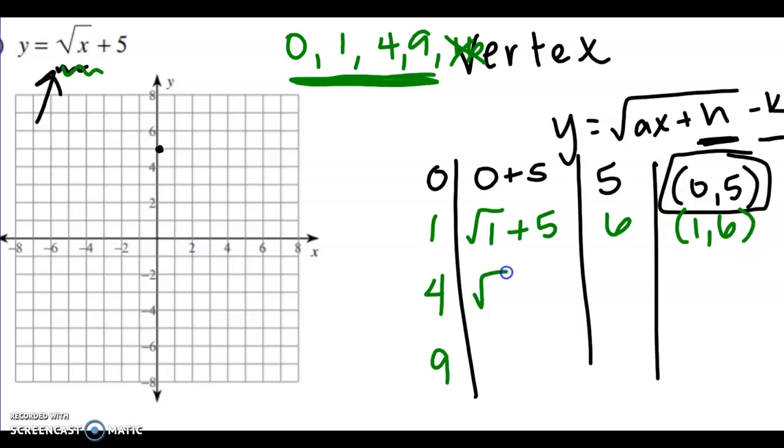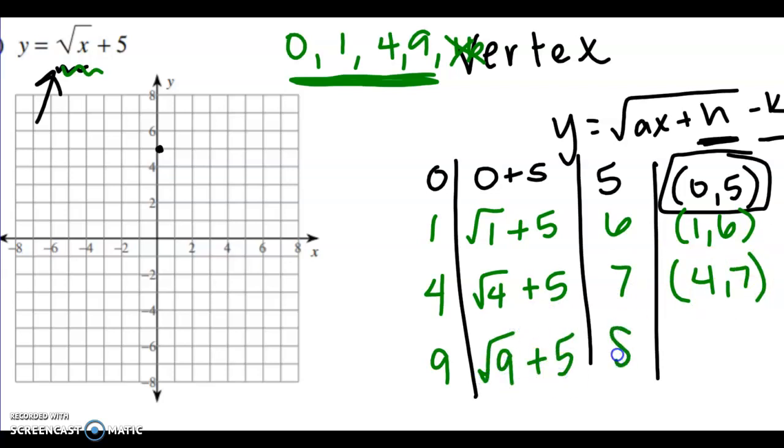The square root of 4 is 2, plus 5, which would be 7. So my next ordered pair is (4, 7). And the square root of 9 is 3, plus 5 would be 8. And so my next one is (9, 8). Now remember, you're going to start to see a pattern: 5, 6, 7, 8.